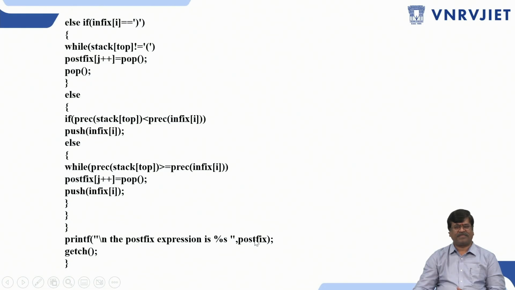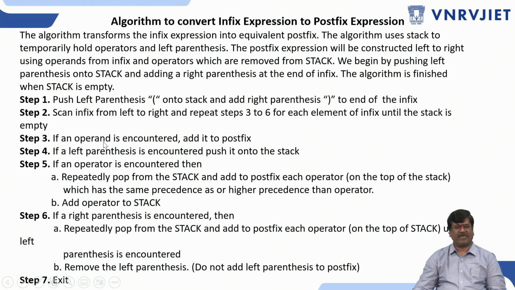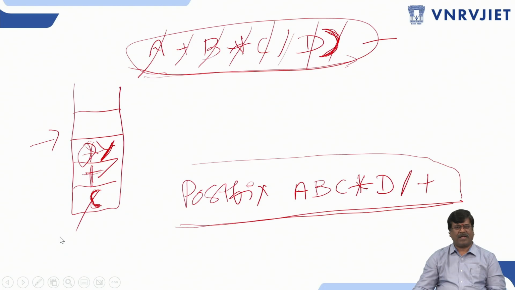Finally, you can print out the postfix you are getting. This is the simple program I am explaining here. Using C programming, you can implement this as per the steps of the algorithm.